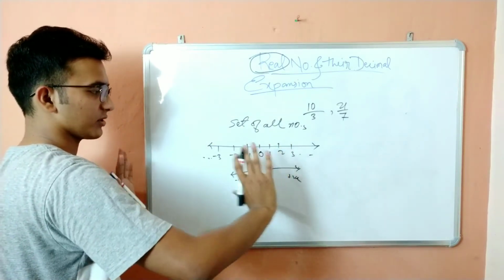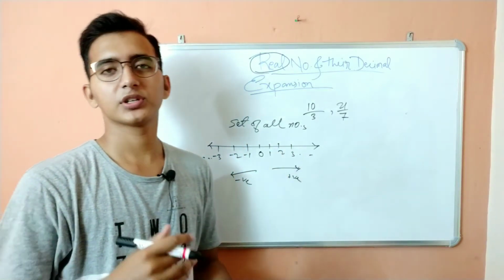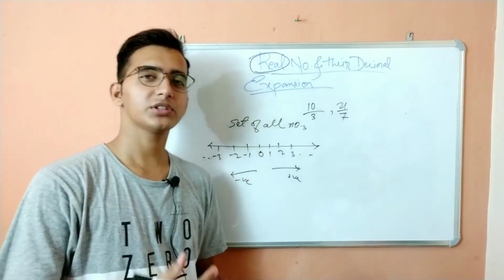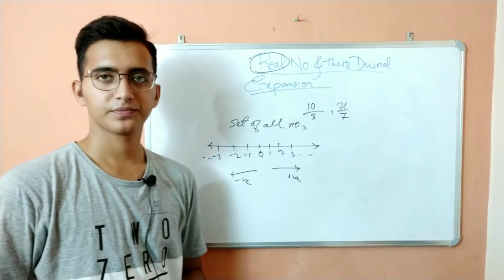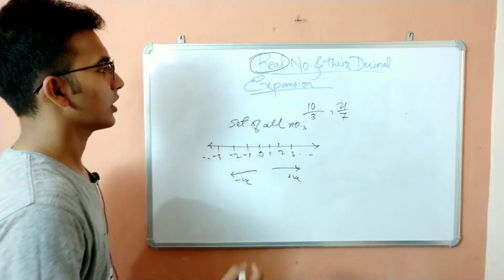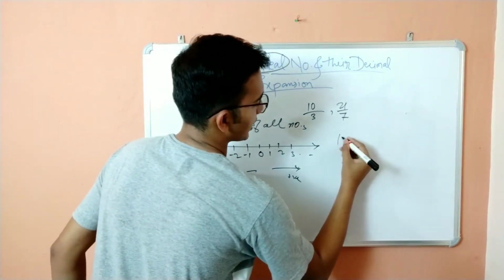All of the numbers, rational numbers, irrational numbers, natural numbers, integers, whole numbers, the set of all of these numbers is called the real numbers. What are real numbers? There are some numbers which cannot be explained like this.